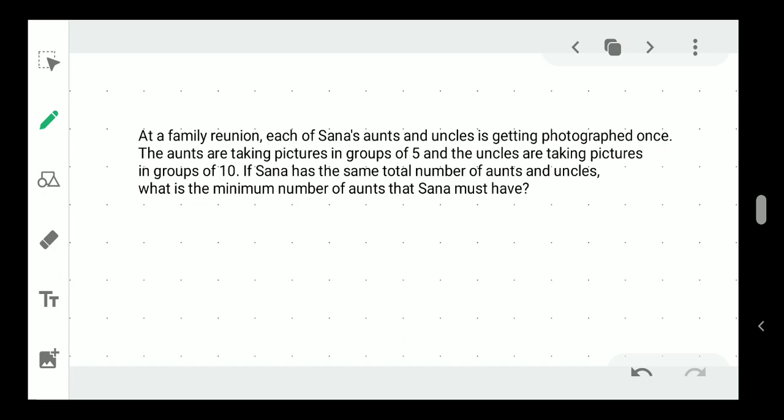Now I don't know how many aunts and how many uncles there are. But the total number of aunts and the total number of uncles are the same. This is a vital thing. Aunts can be in groups of 5, and I don't know how many groups there are.